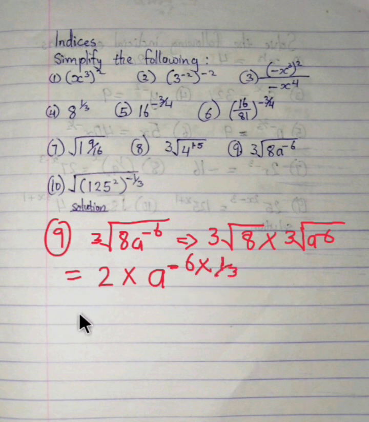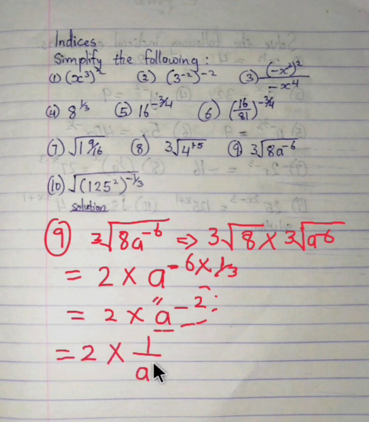So now we are going to have 2 times a raised to 6 times 1 over 3, 6 divided by 3 is 2. And this is a negative index, which is equal to 2 times 1 over a squared. And the final answer will be 2 over a squared.